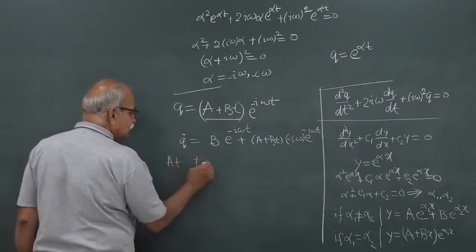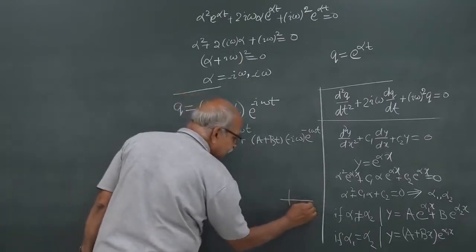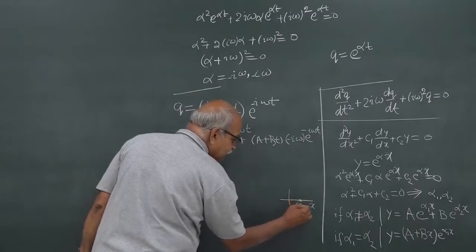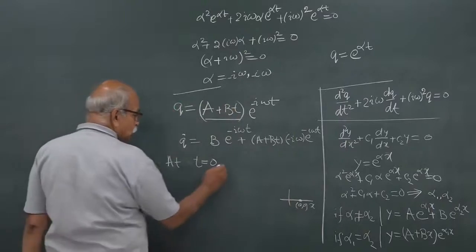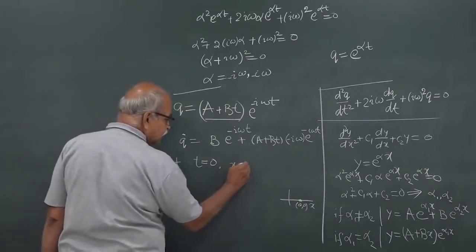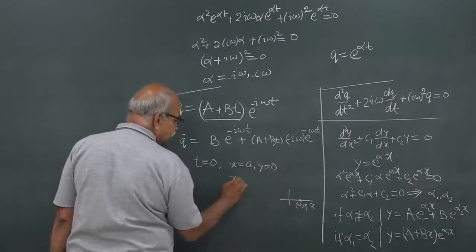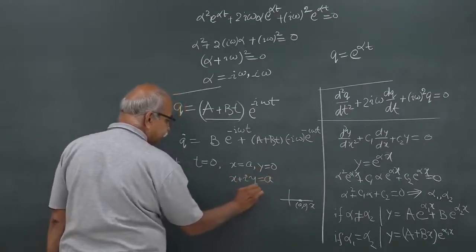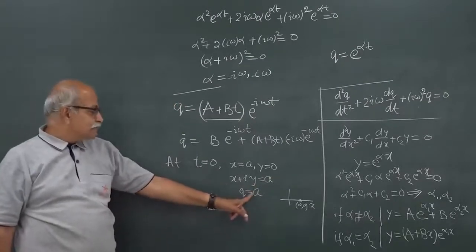At t equal to 0, we have released the particle from a comma 0 on this xy plane. Okay. So, x is equal to a, y is equal to 0, therefore, x plus iy is equal to a, and therefore, q is equal to a. At t equal to 0, q is equal to small a.